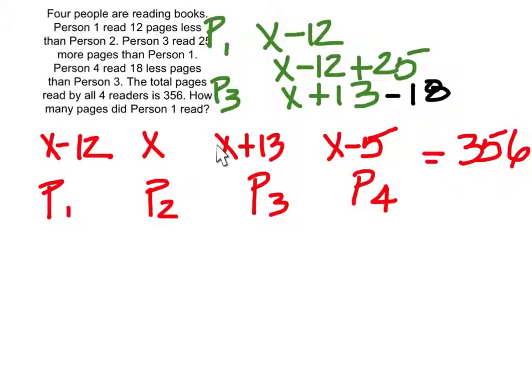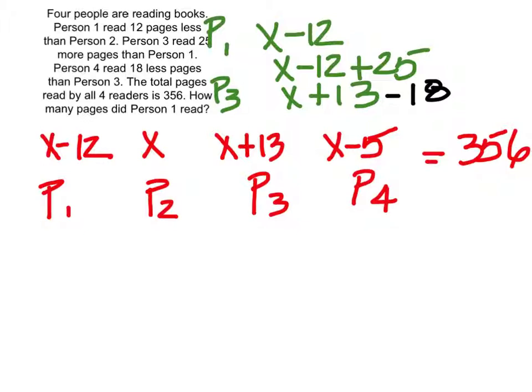So that's why we put X plus 13 in there instead of X minus 12 plus 25. See how that worked out? Yeah. Okay. And the same deal for person 4 who read 18 less pages than person 3. So we took 18 away from the X plus 13. And 13 minus 18 is minus 5.